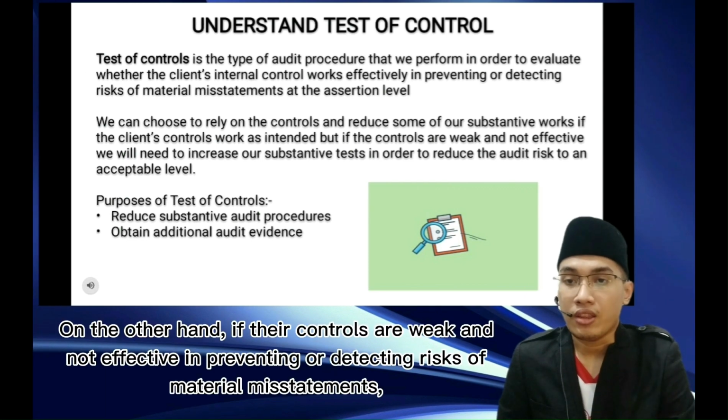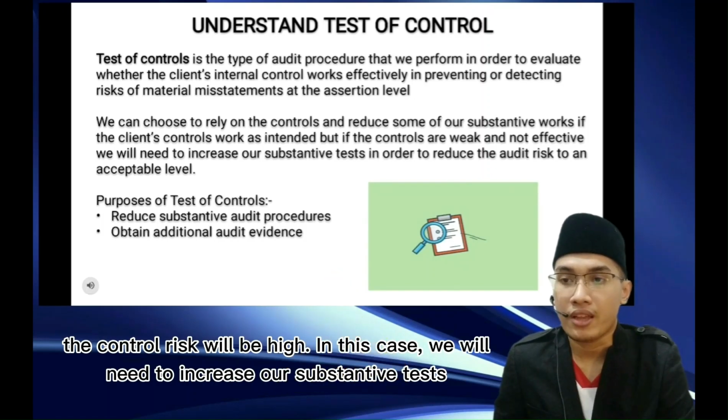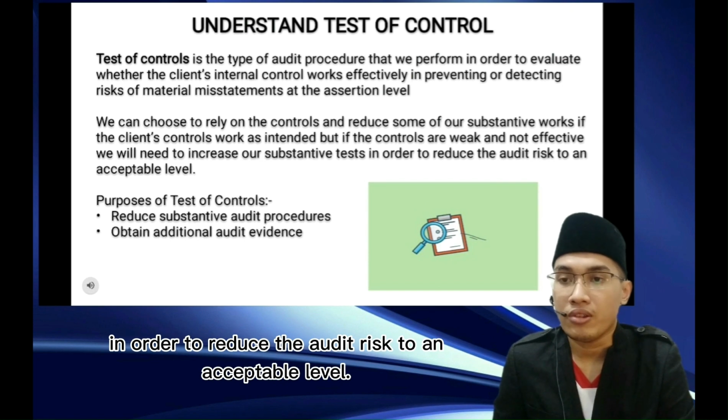On the other hand, if their controls are weak and not effective in preventing or detecting risk of material misstatement, the control risk will be high. In this case, we will need to increase our substantive tests in order to reduce the audit risk to an acceptable level.